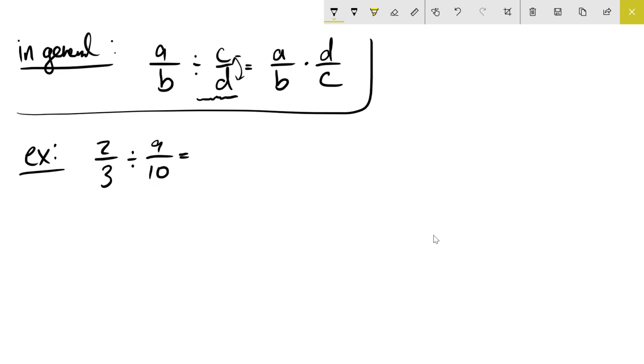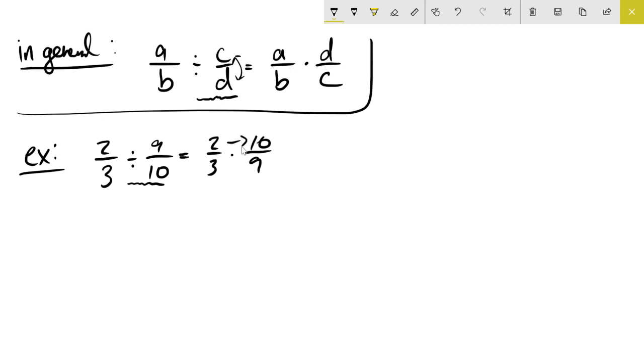Anytime you see division associated with fractions, you're not even going to deal with it. You're just going to rewrite it as multiplication. Which fraction gets flipped? It's always the one that comes after the division sign. So this actually becomes times what? 10/9. So you reciprocate, or flip, the second one.